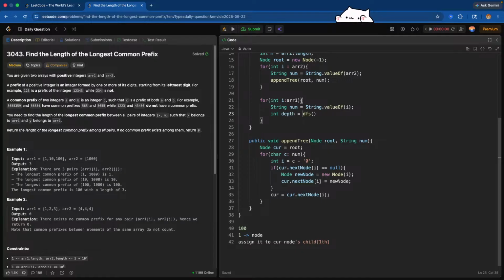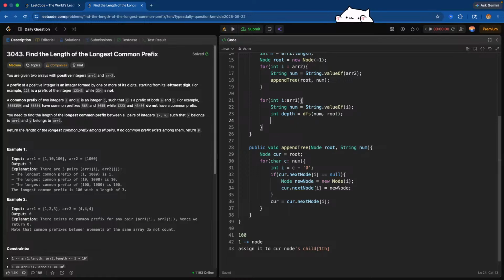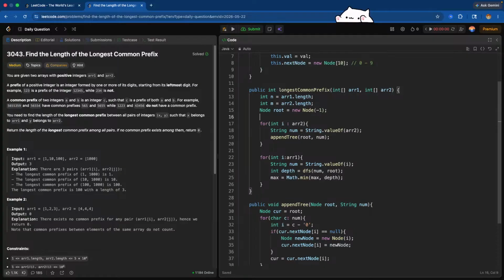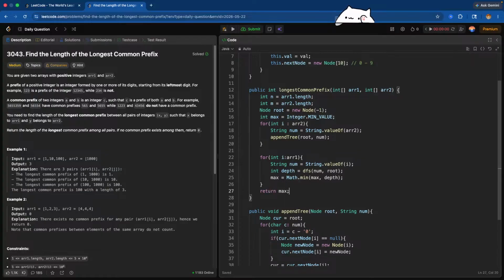which will give me the depth for that num and the root, and we will have a max length which will just compare the current depth for that particular integer with the overall maximum element which we have found. Then we return max.